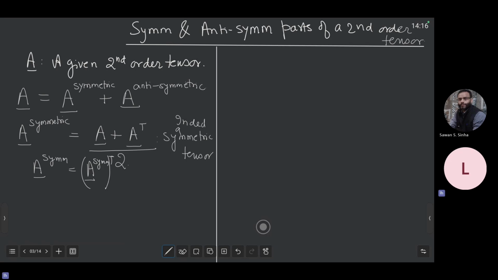The A anti-symmetric part is defined as minus. Now this tensor, which is any tensor which is anti-symmetric, actually will have this property.